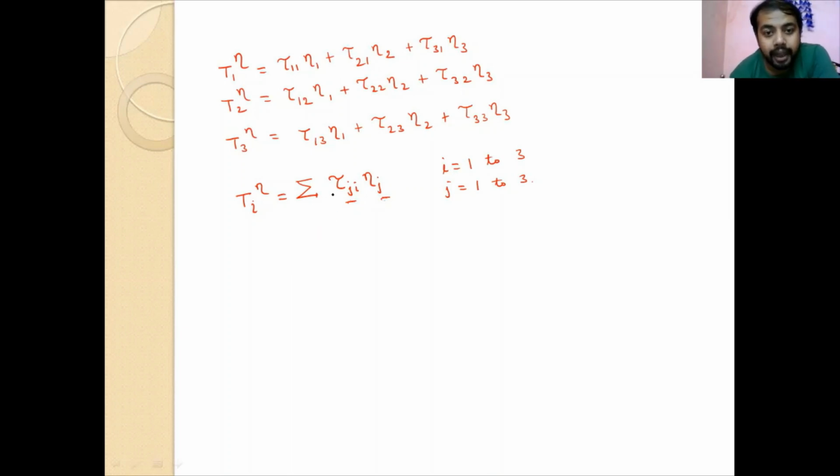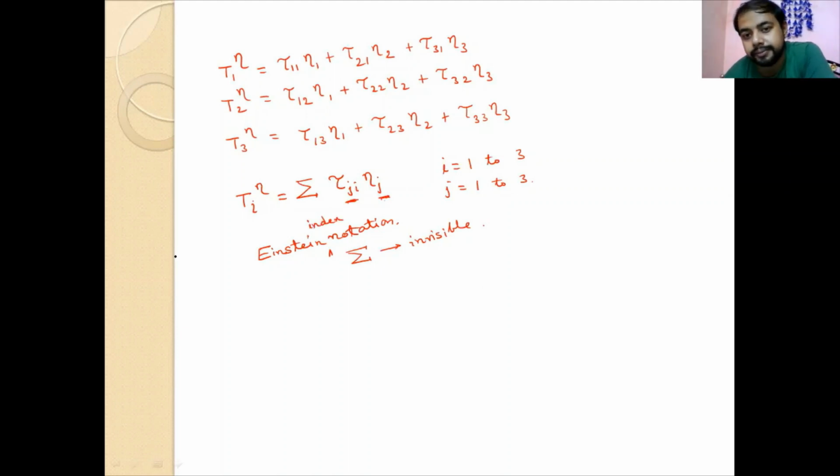Now here, as a repeating index is there, from Einstein notation this summation can be invisible, as there is a repeating index. So as a repeating index is present, we can say there is obviously some summation. So no need to put the summation sign. It is the Einstein index notation.